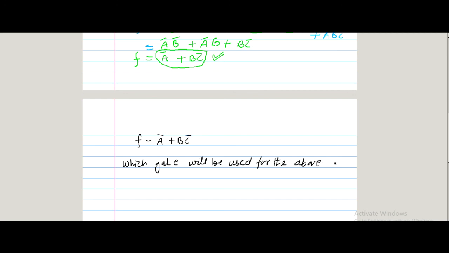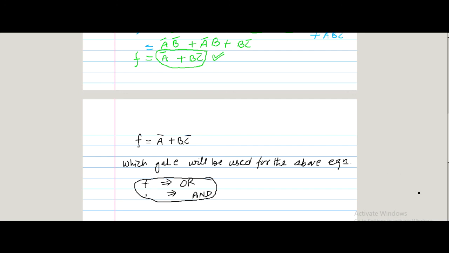These things you need to remember, and if you don't know how I am saying that plus is represented by the OR gate and dot by the AND gate, you can watch my previous videos on logic gates, and that will be enough for you to understand these concepts of OR and AND.